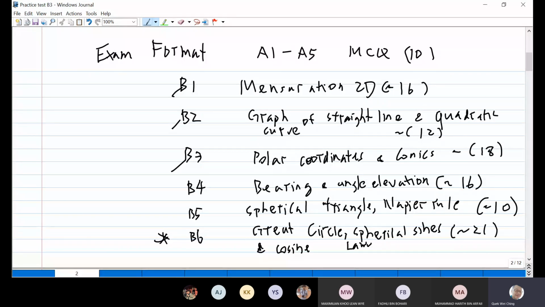So now we're going to do B4. B4 is a bearing and angle of elevation question, about 16 marks, right? Bearing question. Just pick one question to show you how to do this.